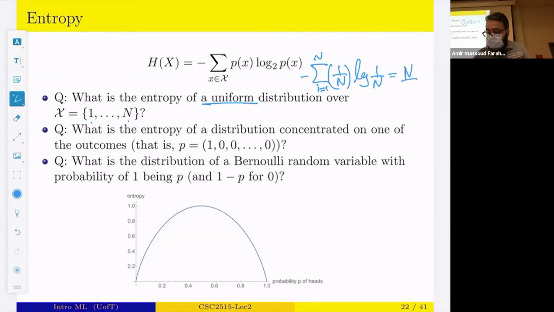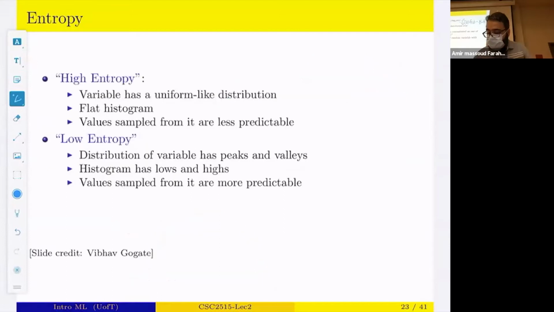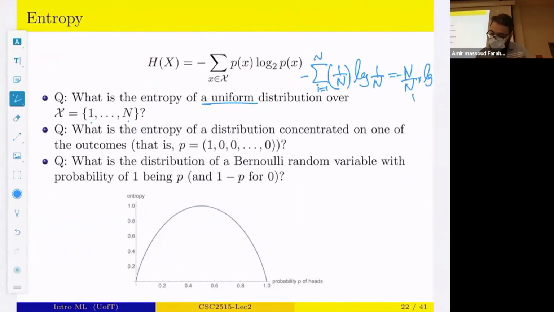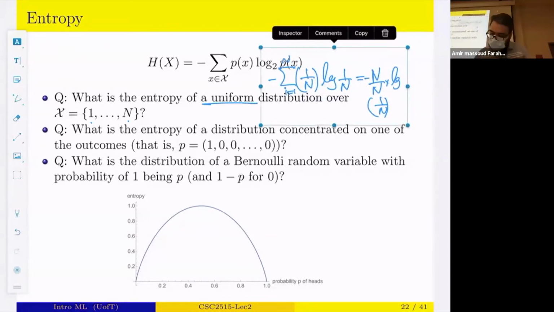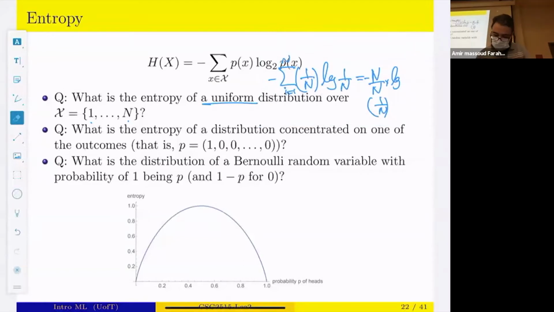So we have N times 1 over N, so this goes away, and then we have minus log of 1 over N, which would be log N. And this is base 2.